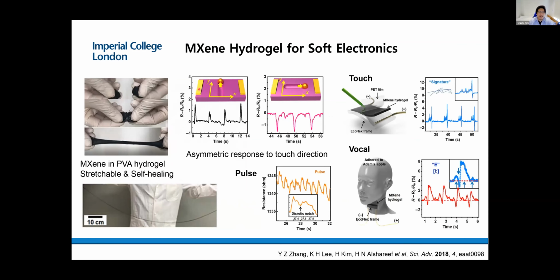Once a strain is applied to the hydrogel, the MXene network in the hydrogel gives a response that is asymmetric to the strain direction. So this allows very nice sensitivity to a touch or even a human pulse, or it can also be used for the recognition of different vocal sounds.